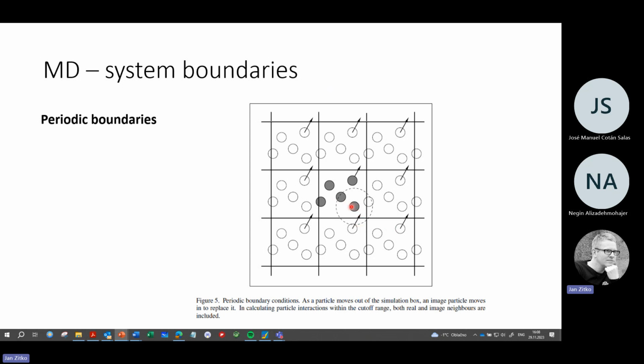And the energy of the system can be evaluated quite efficiently because there is symmetry. That's the key. In theory you have an infinite number of copies of the cells, but there's always a symmetry. So it's enough to compute the interactions of particles within the cell, and you know the interactions of all the particles in the system. So it's a periodic boundary condition, and this is really the most used scenario nowadays.